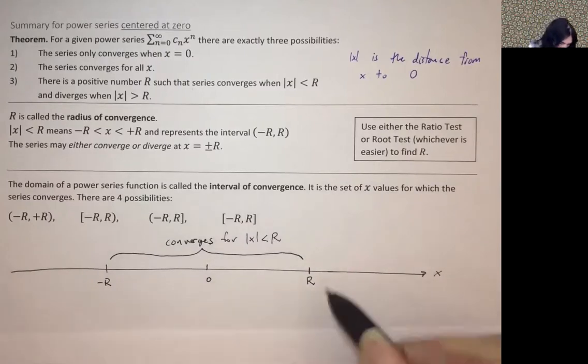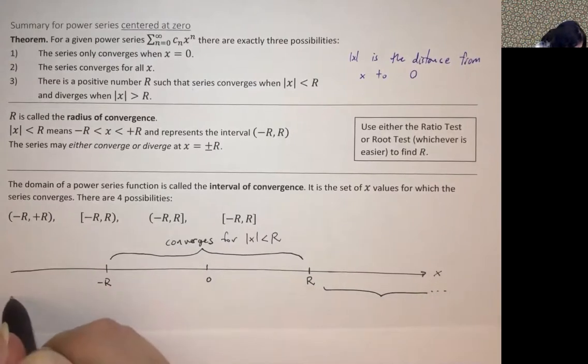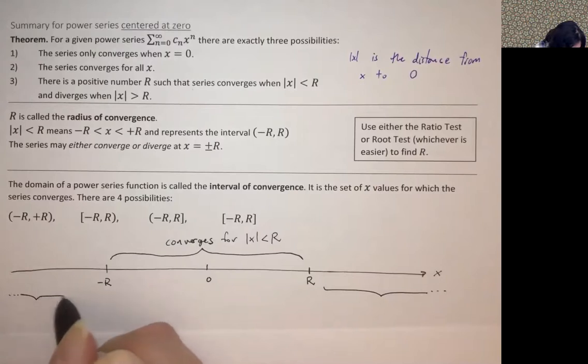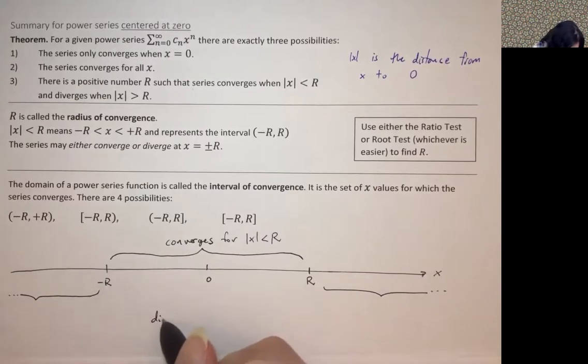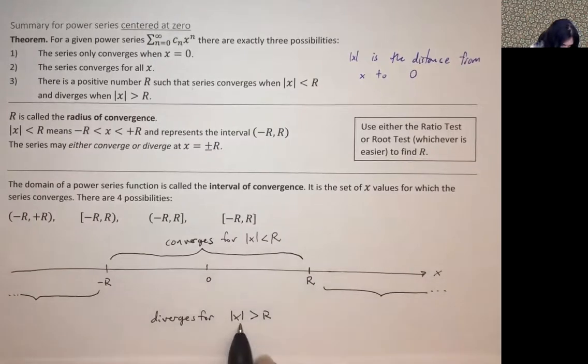And then everywhere outside, which would be everywhere out here and out here, we have divergence. So it diverges for absolute value of x greater than r, when the distance to the center, 0, is greater than r.